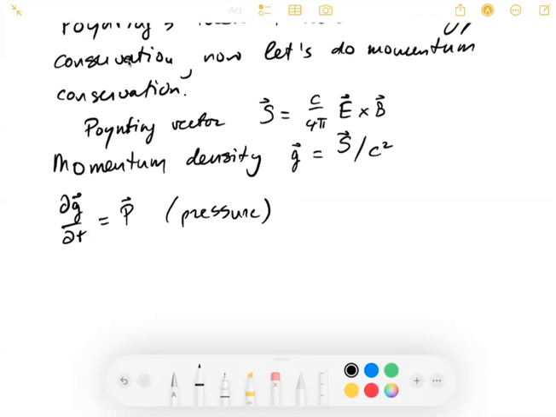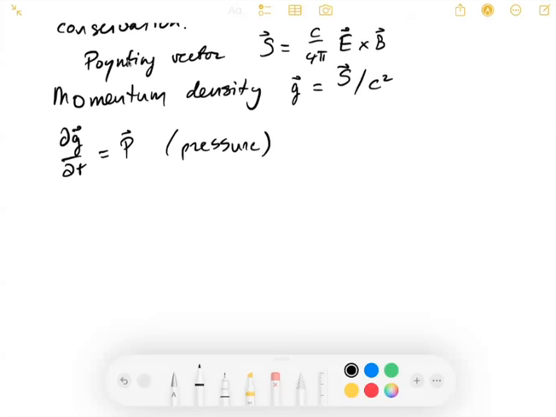I wrote it here as a vector because it is directed. It's usually not how we think about it; we usually think of pressure as a scalar. But in this case, because we're going to see what happens when you get a difference in electromagnetic fields, we'll get some kind of a force that has a direction. So therefore the pressure must also have some kind of a direction.